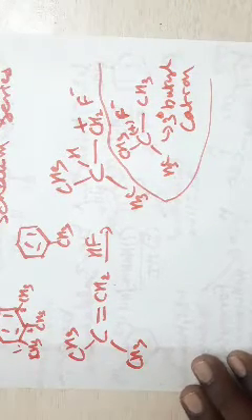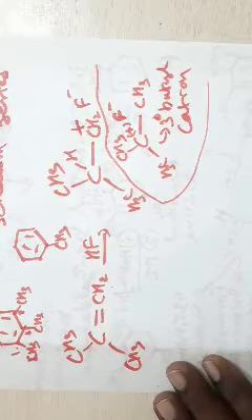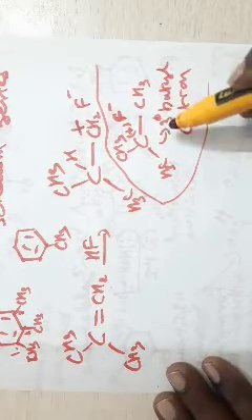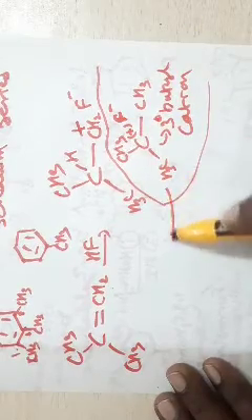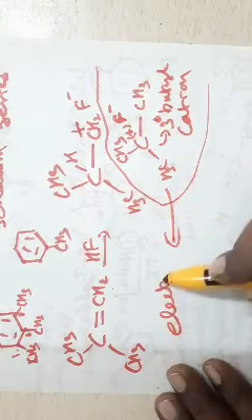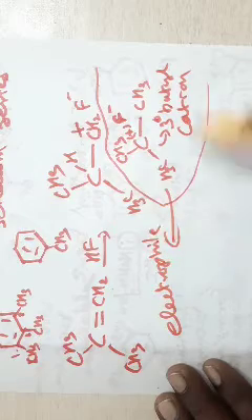If you compare the two possibilities in terms of stability, then the tertiary butyl cation is more stable. And this one can act as an electrophile.